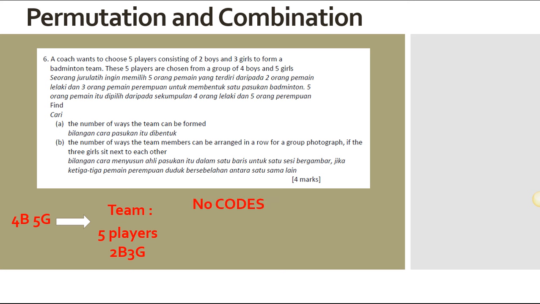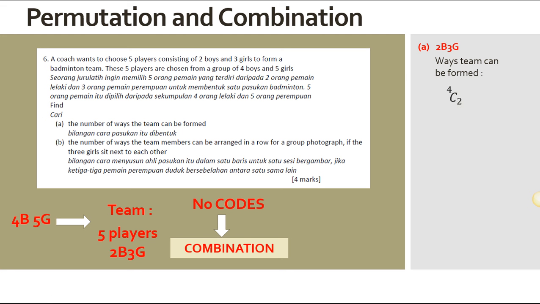Now this is a question on combination, because it doesn't have the word codes or arrangement, sitting arrangement, side by side and so on. So the number of ways will be 4C2, because 2 boys are chosen out of 4 boys, times 5C3, because 3 girls are chosen out of 5 girls. You multiply that together, you'll get 60.